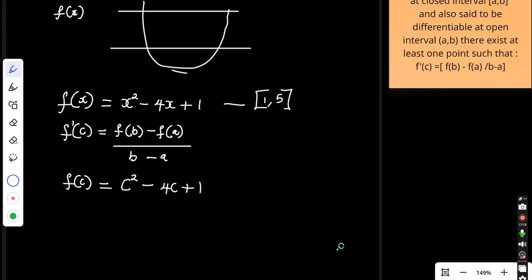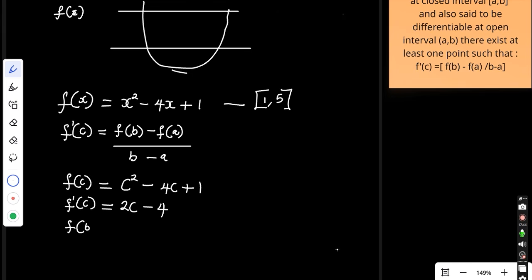Then the next thing to do is to find the first derivative of f of c, which is f prime of c. So we're going to have that f prime of c will be equal to 2c minus 4. That is the first derivative of f of c. Then we're going to proceed to finding f of b and f of a.